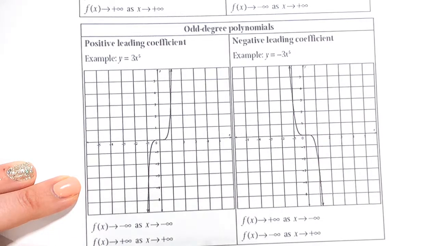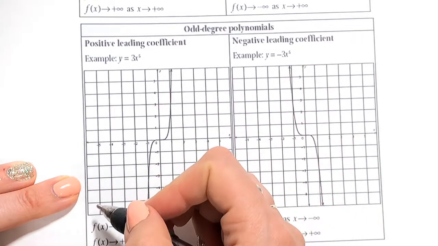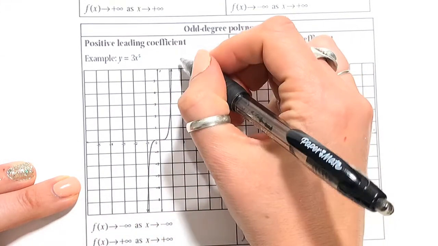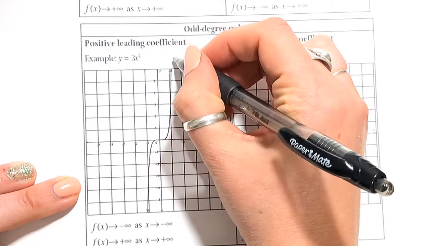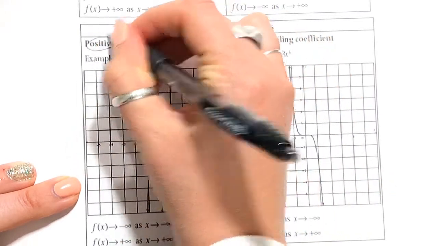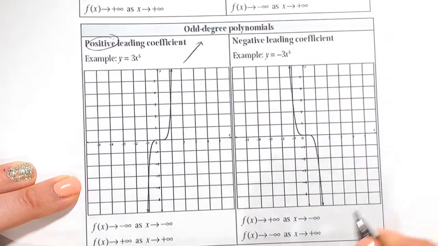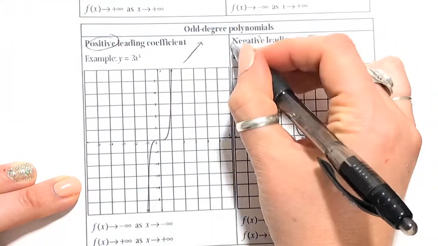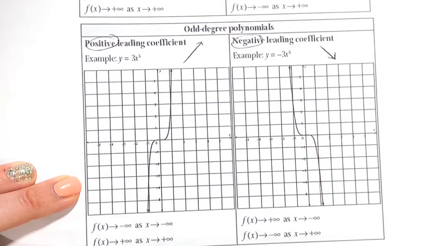My little trick for this is to think of it as a slope. When you first learned slope back in middle school, if you had a positive slope, you knew that your slope went up from left to right. But if you had a negative slope, your graph went down from left to right.